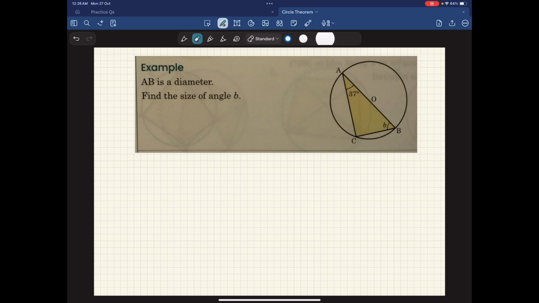Okay, so if this is 90, we know that the sum of angles in a triangle is 180. So 90 plus 37 plus B should be equal to 180 degrees. So B is going to be 180 degrees minus 127 degrees. So B is going to be 353 degrees. Okay.